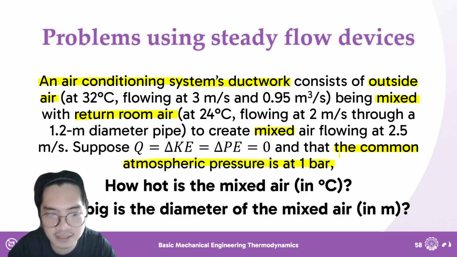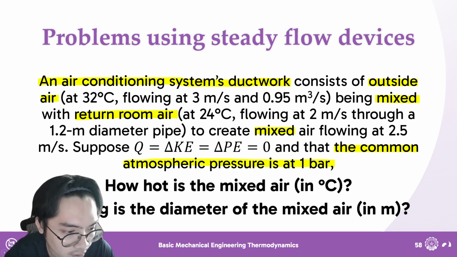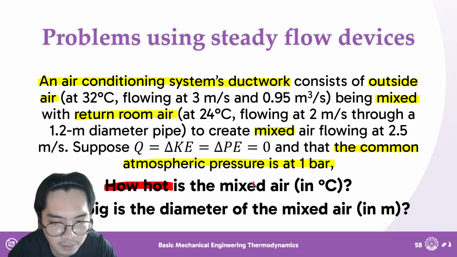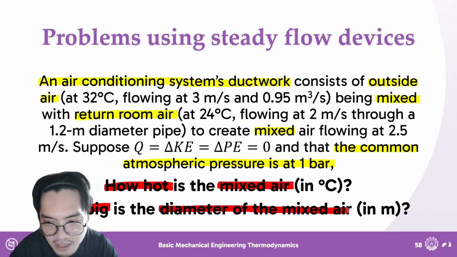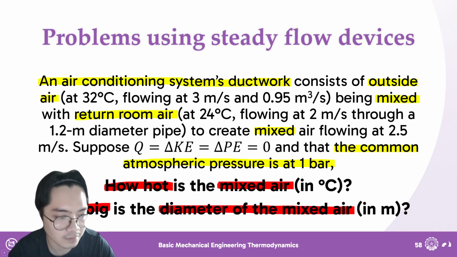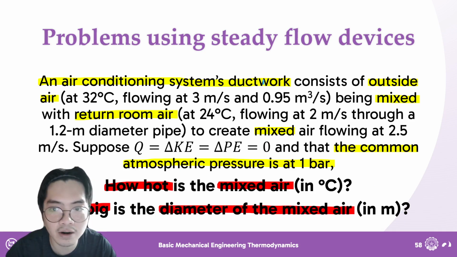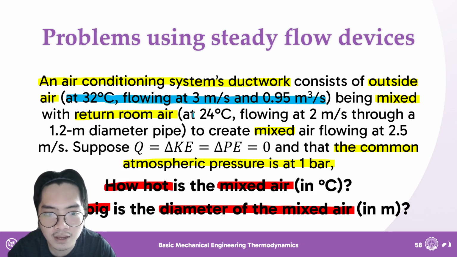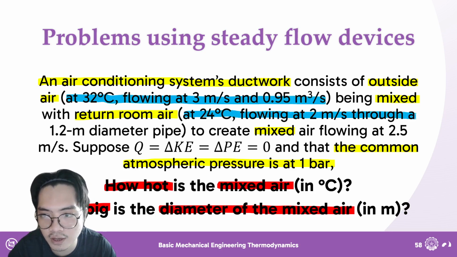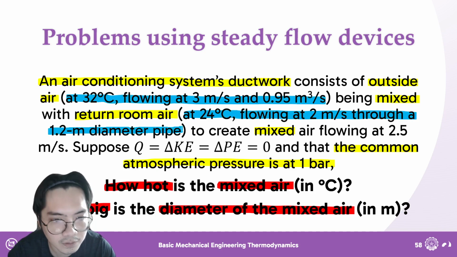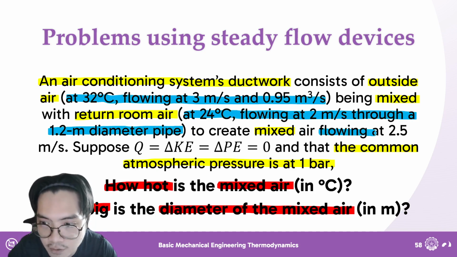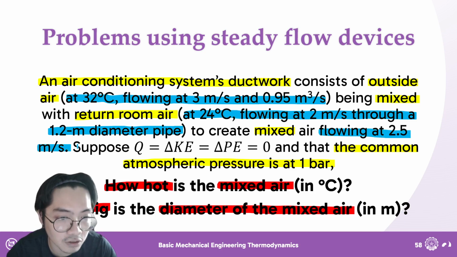So now they're asking how hot is the mixed air, and how big is the diameter of the mixed air. And then let's go in with our numbers now. 32 degrees Celsius flowing at this, 24 degrees Celsius flowing at that, and then mixed air flowing at 2.5 meters per second is the goal.